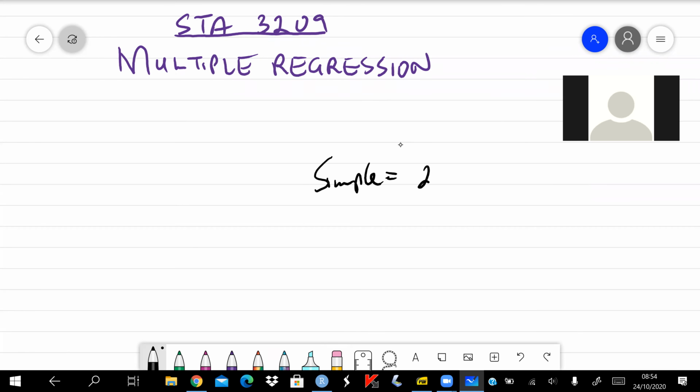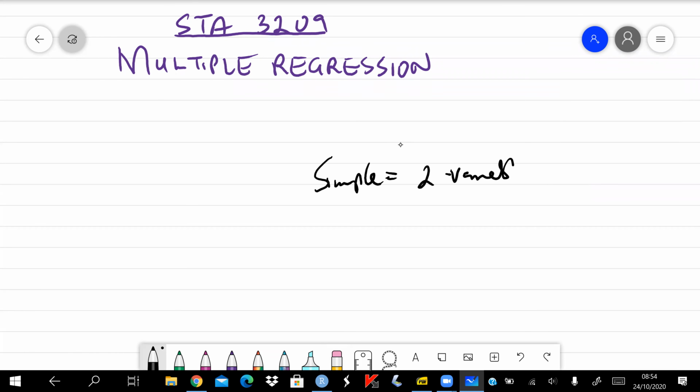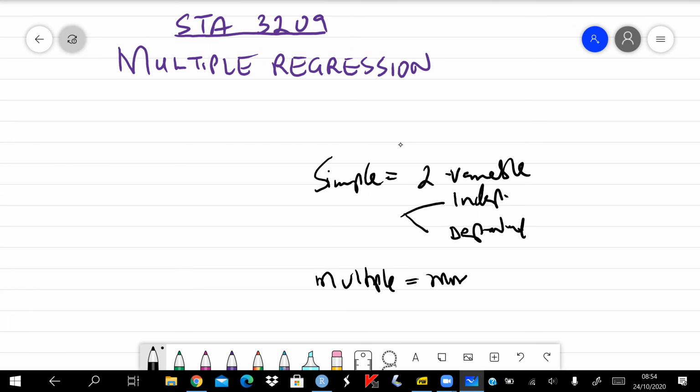Simple here just means we have two variables, where one of the variables is the independent variable and the other one is the dependent variable. If you have more than two variables in your model, then you say that you have multiple regression. So multiple here means that we have more than two variables.